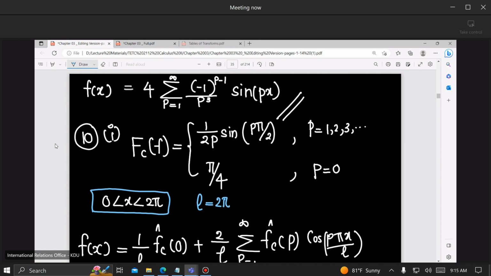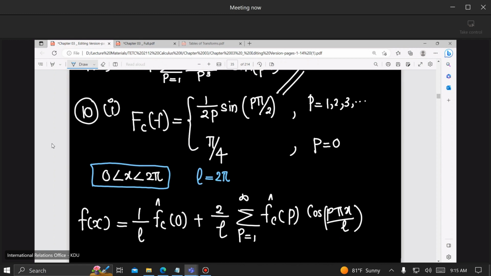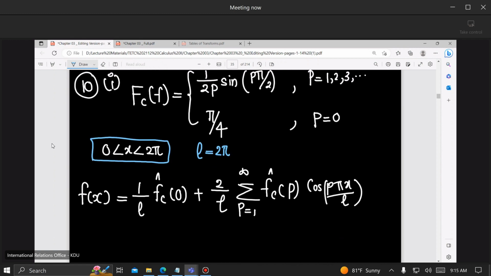Then let's compare the example and our expression. In our expression, we have three unknowns: L, f hat c 0 and f hat c p. We have identified that L is equal to 2 5.